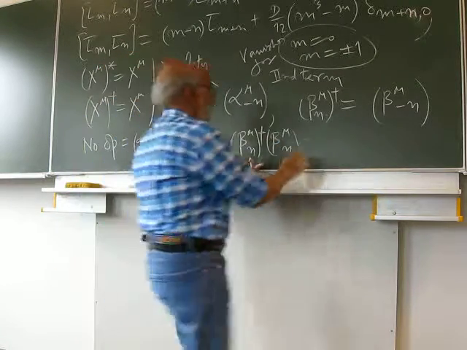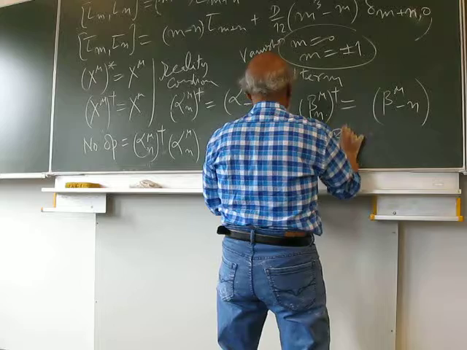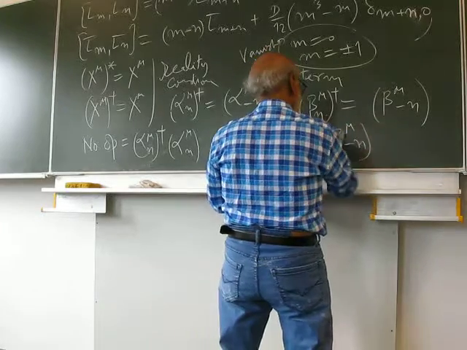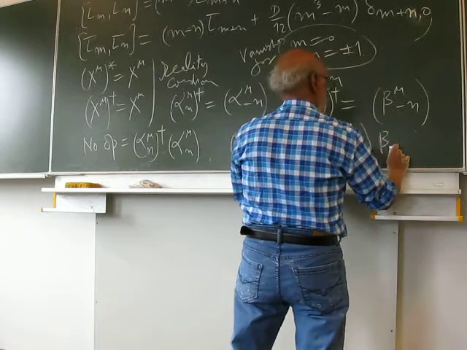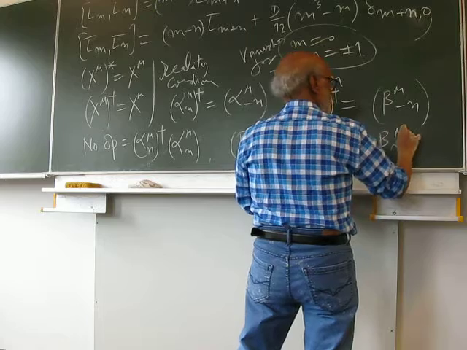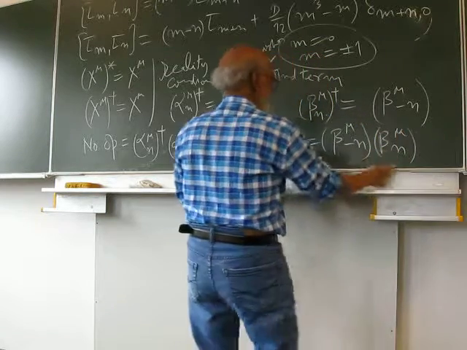But you see, what would this be? This would be beta^mu_{-n} and beta^mu_{+n}.